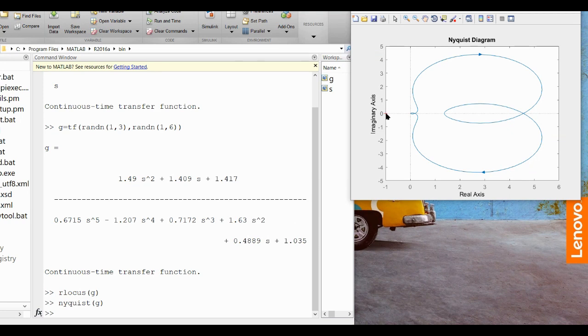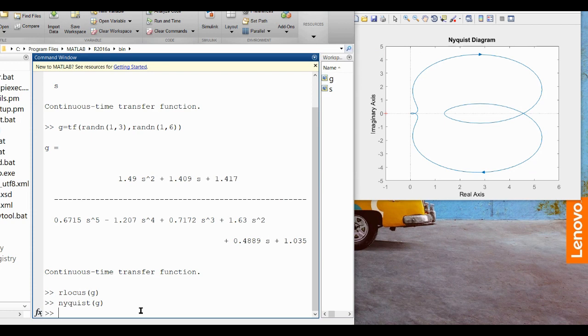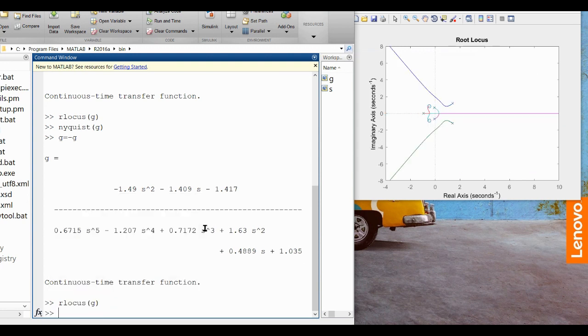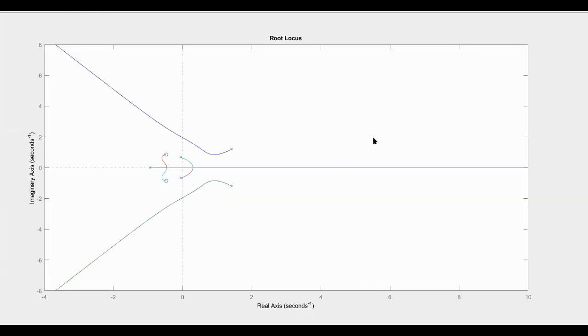But you can see that if I have negative gain, or if G is minus G, then this structure will get flipped to the other side, and then we will have interesting things. So let me say G is equal to minus G. So this is a new plant, some random plant. Now if I make the root locus of G, you will see more interesting things here. Okay, so you will see once again 1 here, 1, 2, 3, 4, 5 poles, right, and 2 zeros here.